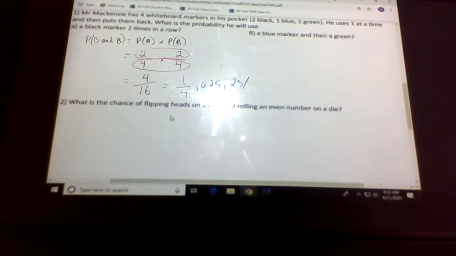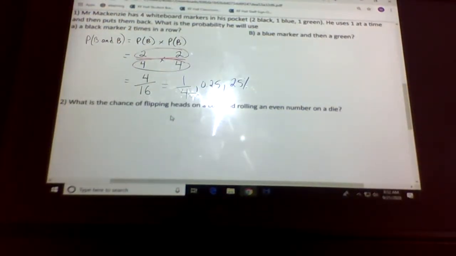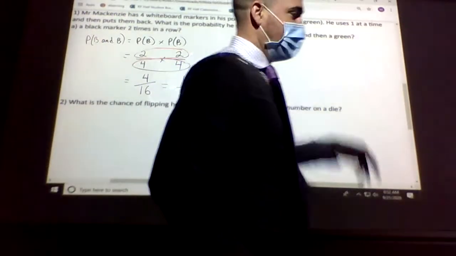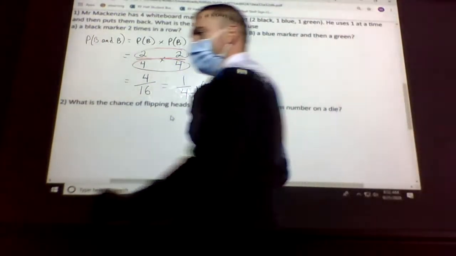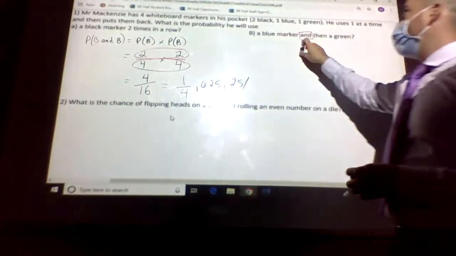Okay, next one. Same question. What is the probability of picking a blue marker out and then a green? There's the "and" in this question. So we want a blue and a green.